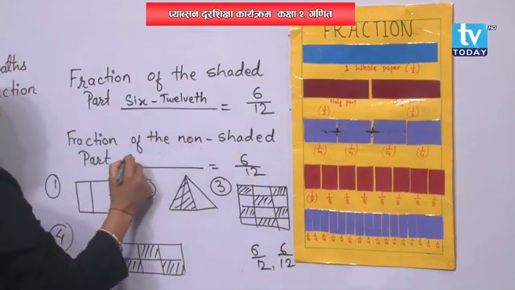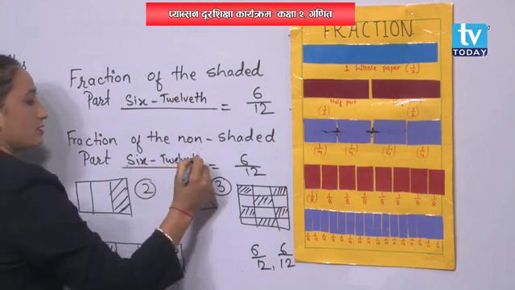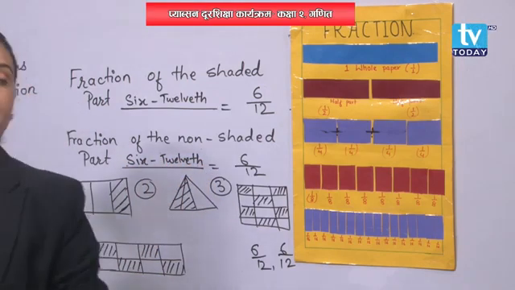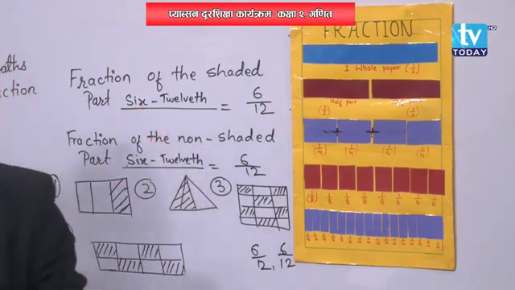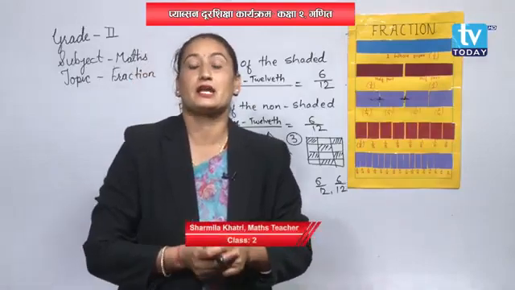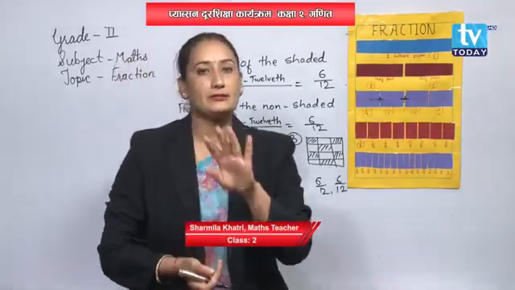Okay, now next is the second, also the same thing. 6 parts are shaded out of 12 and 6 parts are not shaded out of 12. They are equal. So same like this one.